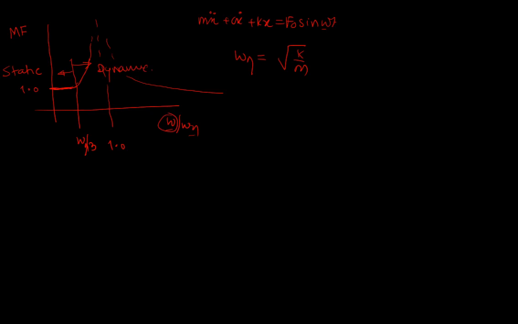At this point, omega is not very dominating. Beyond this point, omega becomes more and more dominant, and frequency contributes to changing the amplitude or the displacement. That's why it is called dynamic, and that's what we need to take into account in a dynamic model.